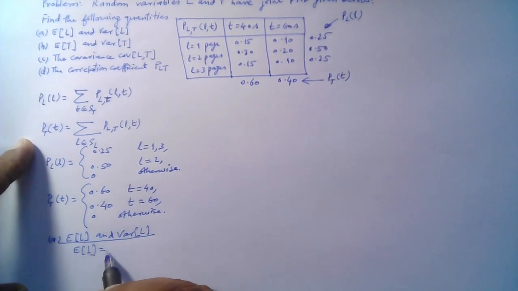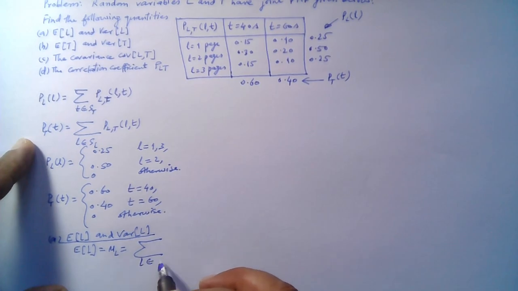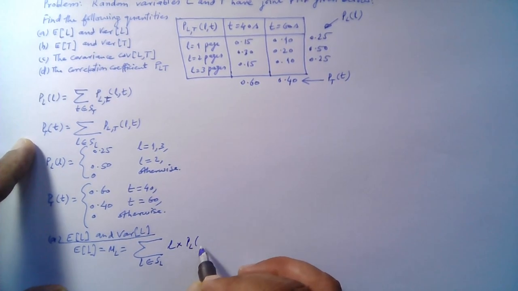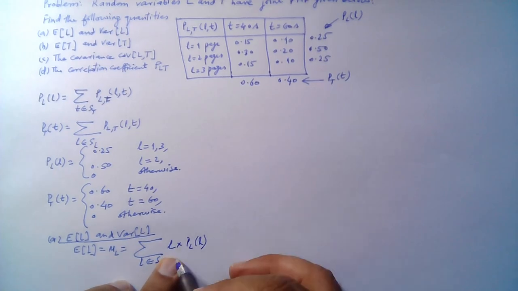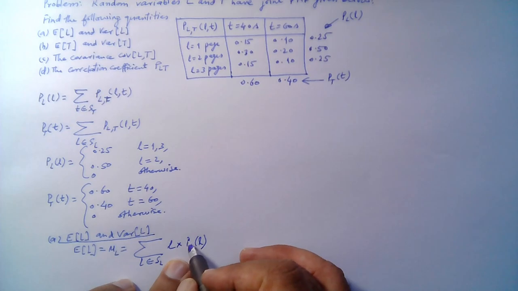The expected value of L is also denoted by mu L, and for a discrete random variable it can be calculated like this: the sum over sample values L of L multiplied by P of L. So what it's saying is we need to multiply the value of random variable L with its corresponding probability value, and then we need to sum all such values together.